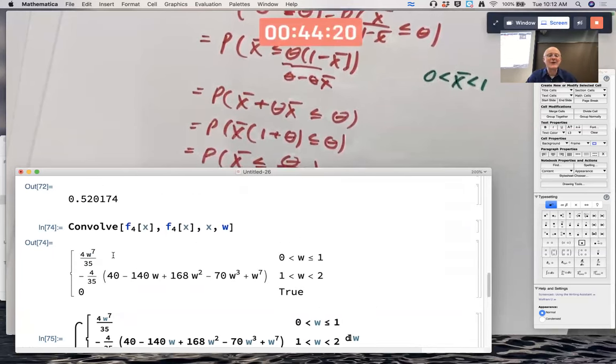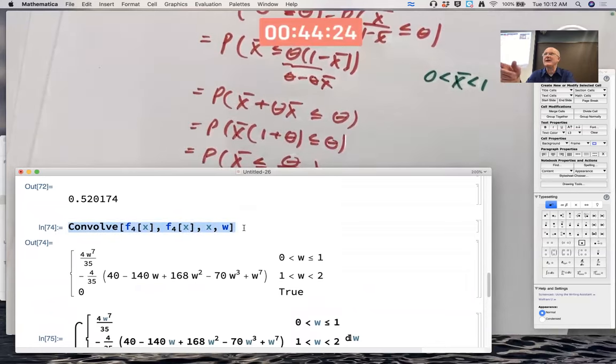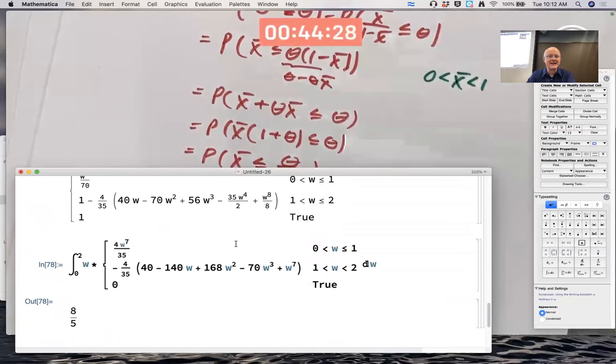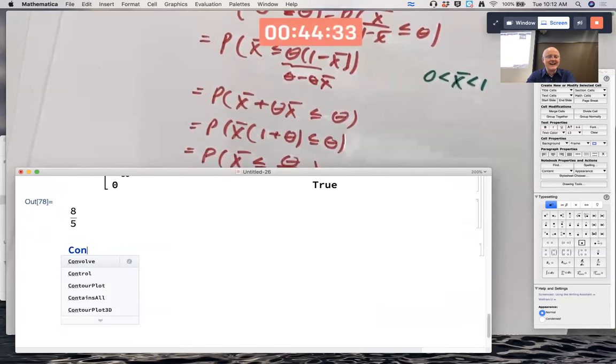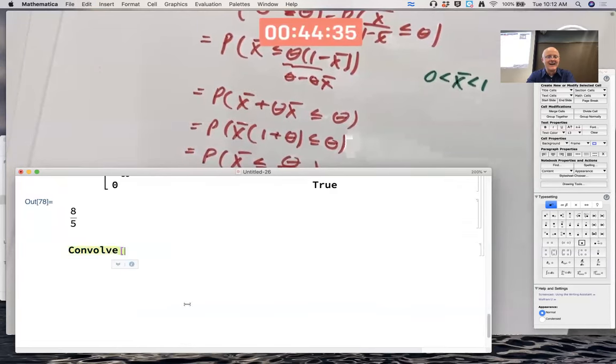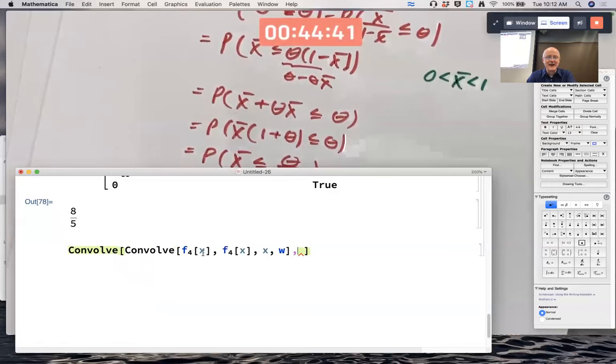And you can even go further. You could even, for the sum of 3 of them, x1 plus x2 plus x3, convolve the convolution. Copy and paste it here. Let's see, how should I do this? I should probably use a dummy variable in here and call this its ultimate variable x here.